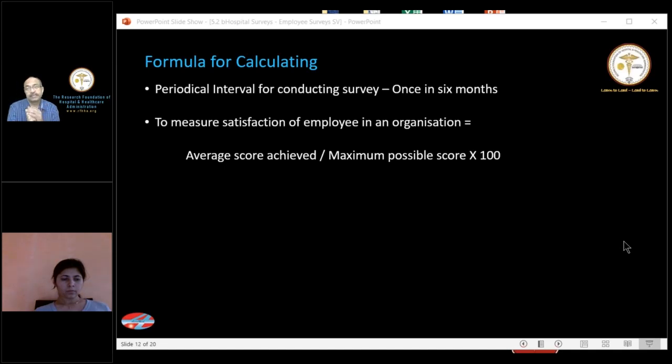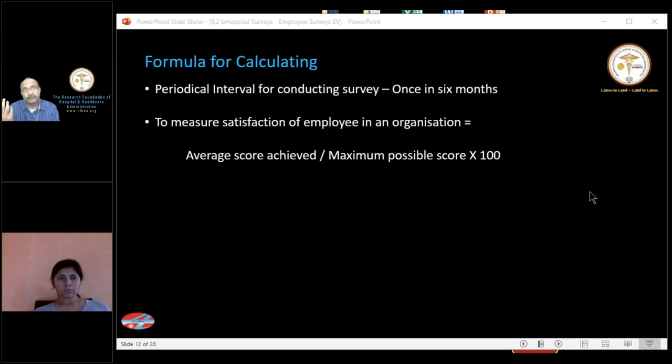So we can say that the responses are this much percentage for the first question where we asked about the work conditions, the second one about the training needs. Typically the percentage is calculated using this formula, nothing really great. The scores, average scores achieved, and the maximum possible score.